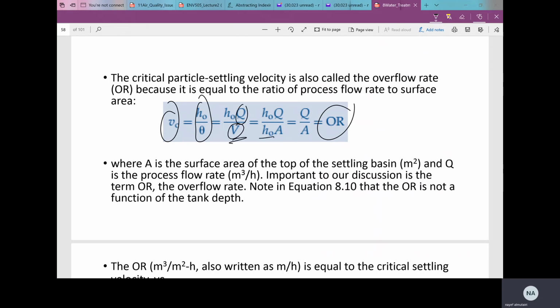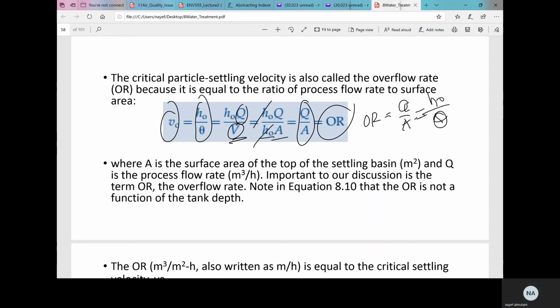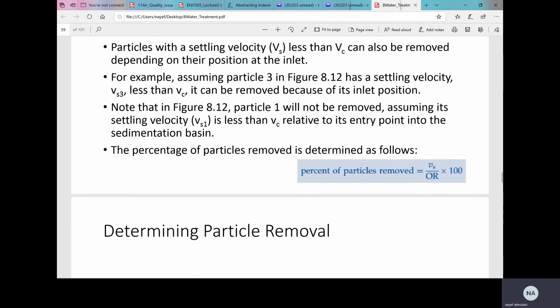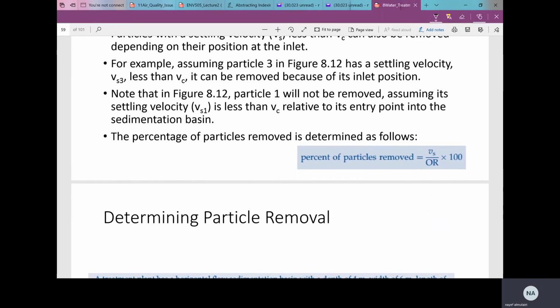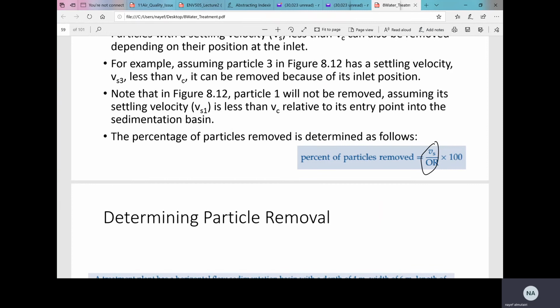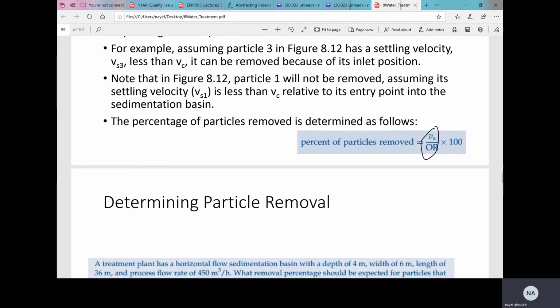And also the volume is H naught times A, so Q over A. So the two important equations for overflow are either Q over A, I'm going to put overflow, or H naught over theta. This is also if you want to know how much is removed by dividing settling velocity over the overflow rate times 100 to find out 20% is removed, 90% is removed, how much is removed.